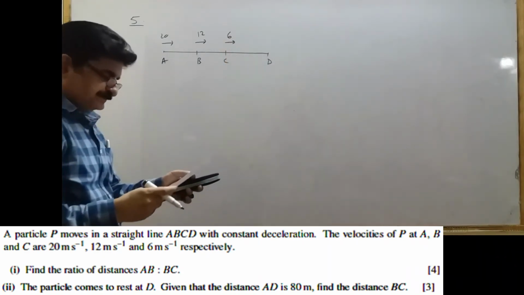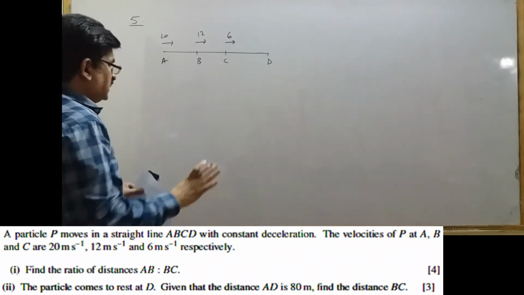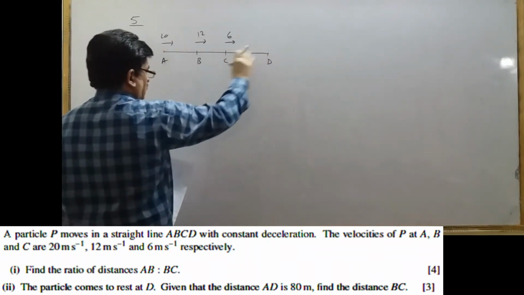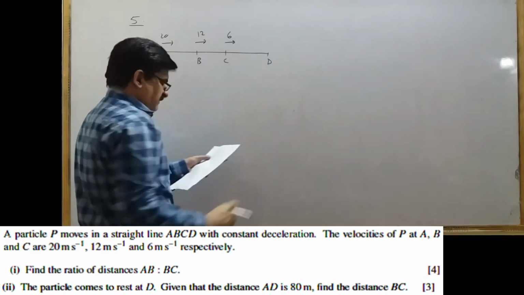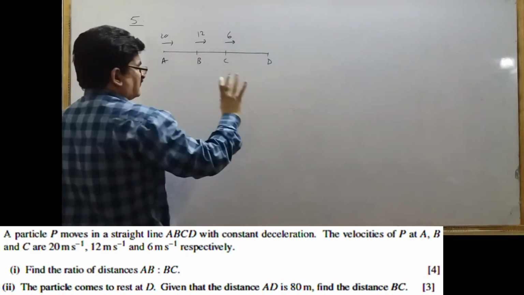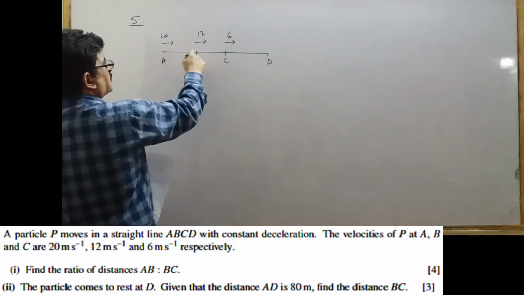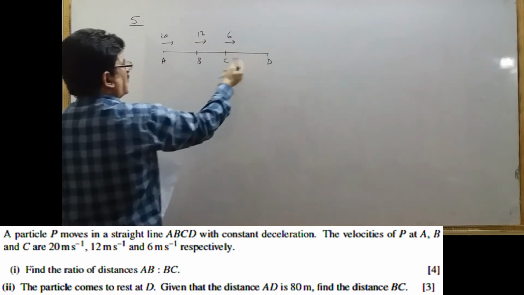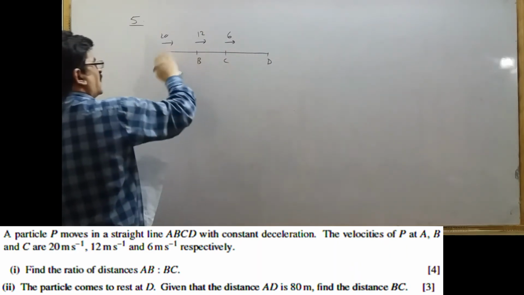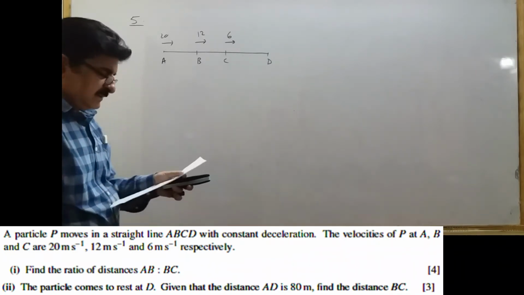This is given. And it is moving with constant acceleration. Again, throughout the motion, acceleration remains constant. So you can apply the equation of motion to any part, means from A to B, from B to C, from C to D, or you consider A to D or A to C. You can apply the equation of motion with the same acceleration a.